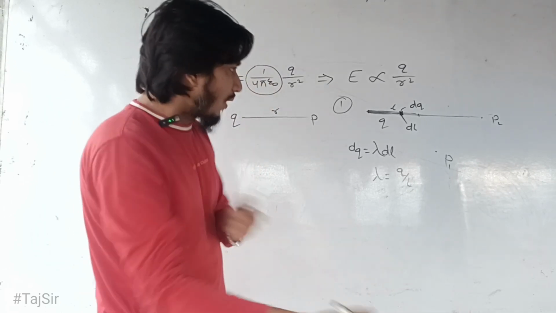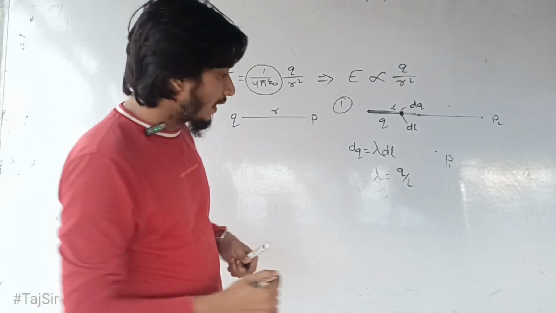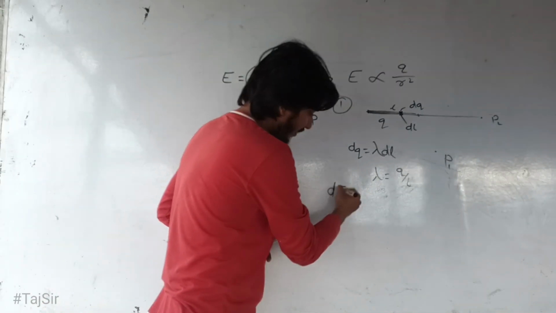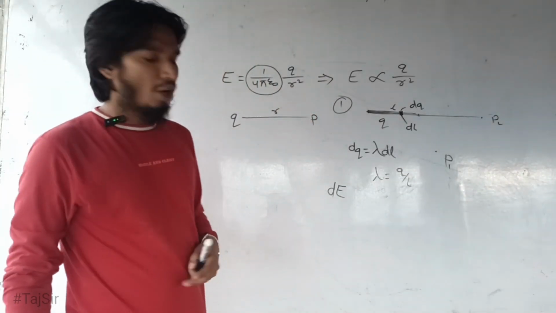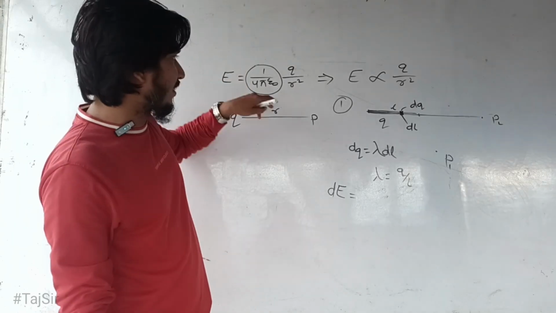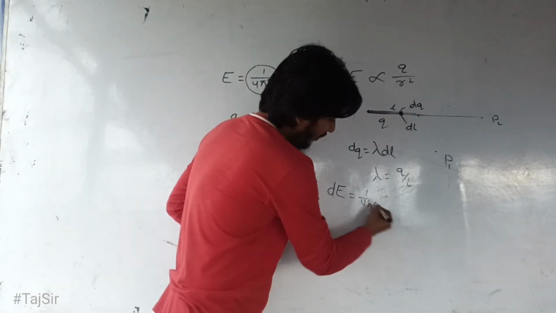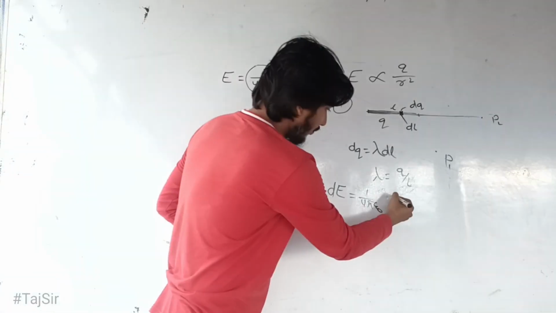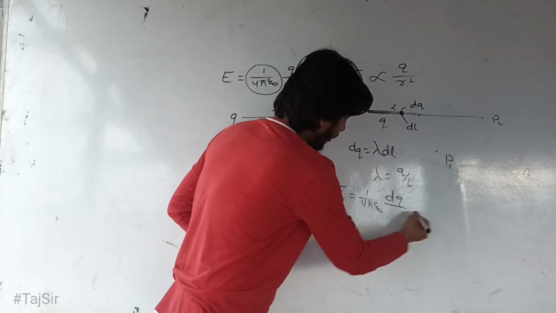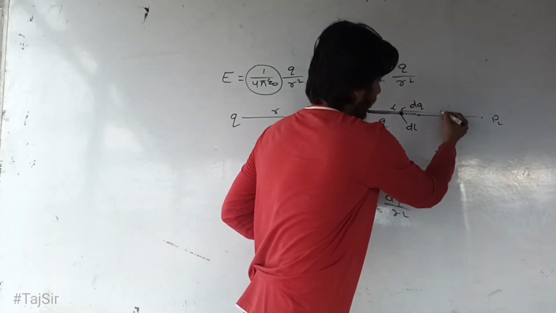So what we are going to do is calculate the electric field, and the electric field due to a small charge dq will be small dE, and according to the definition we have 1 upon 4 pi epsilon naught, q, and in place of q we can write dq by r square, and this r is the distance.